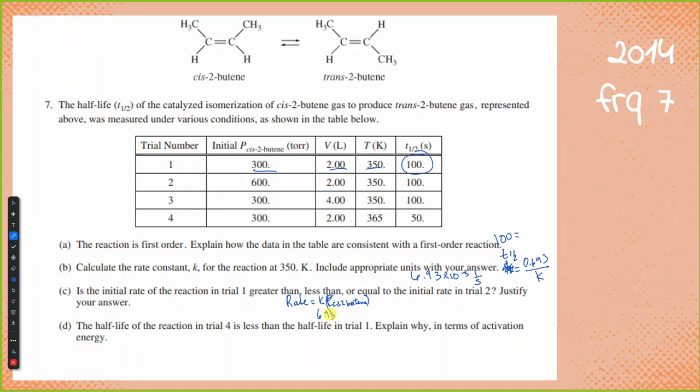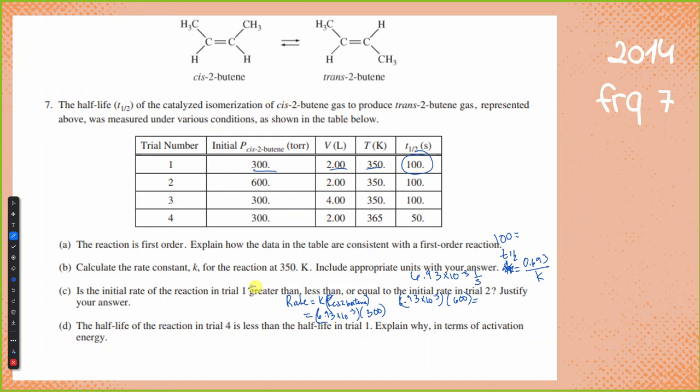So 6.93 times 10 to the minus 3 times the initial one would be 300 versus the 6.93 times 10 to the minus 3 for trial 2 would be 600, so looks like the rate's gonna pretty much double.